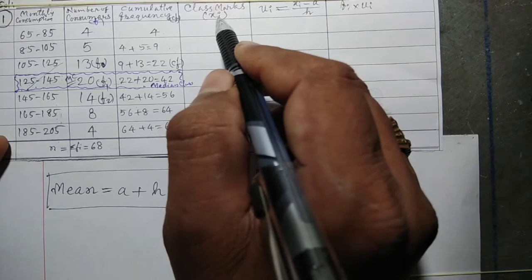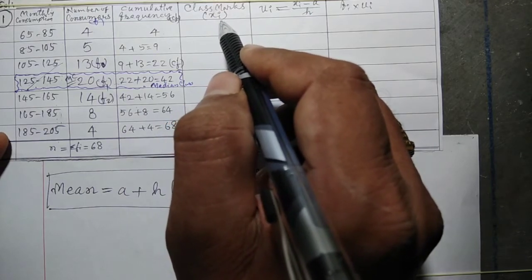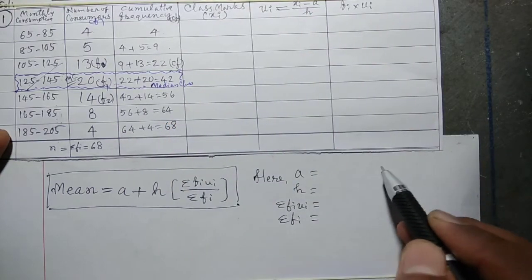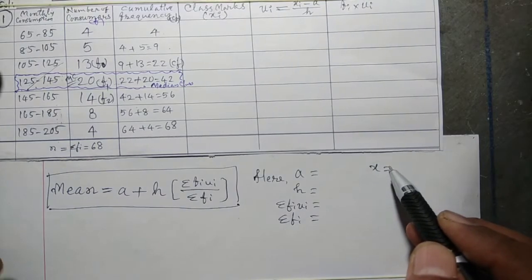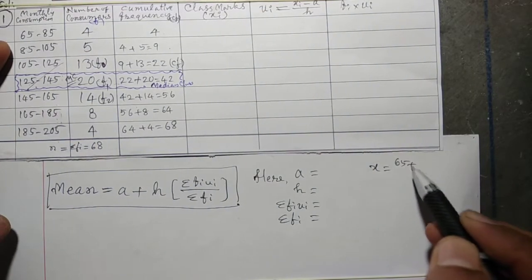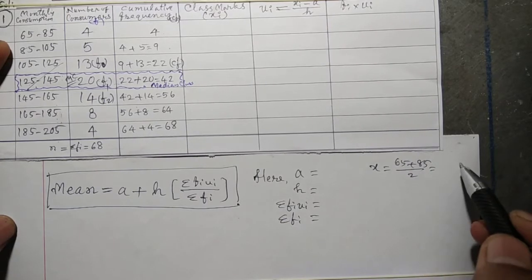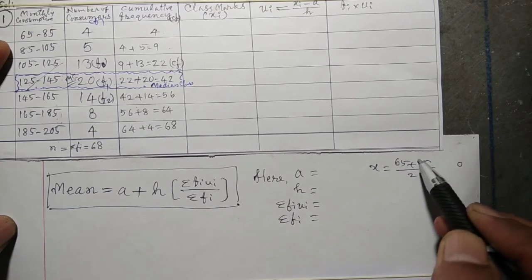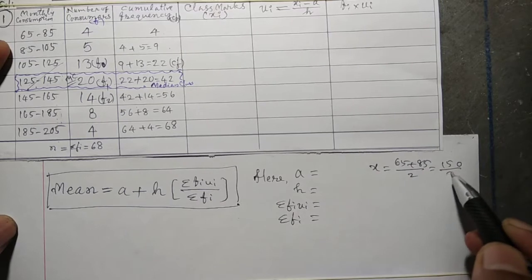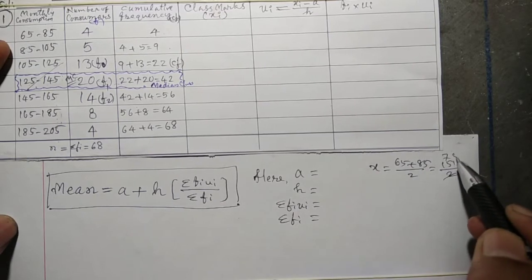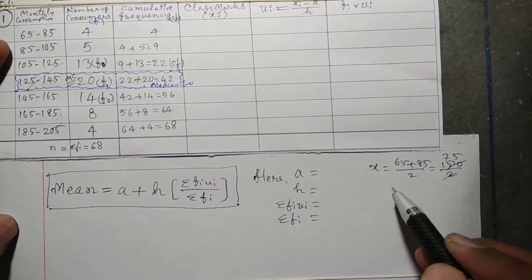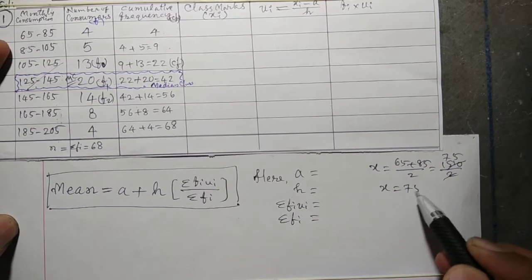First, class mark means mid value. Mid value x is equal to the average of the class: 65 plus 85 by 2, that is 150 by 2, which is 75. x is equal to 75.